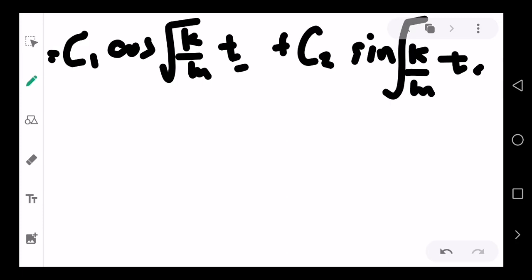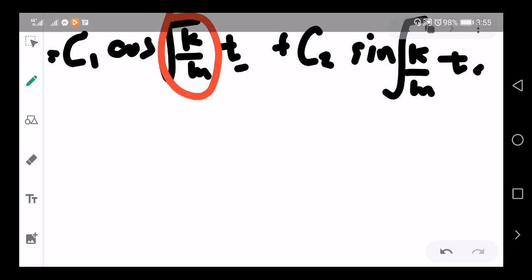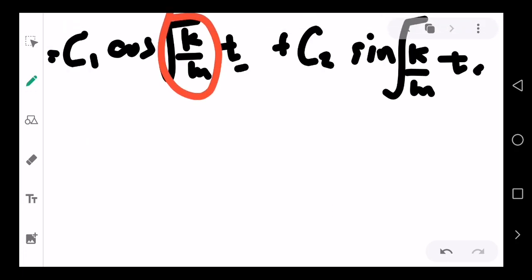So this variable here is the frequency of our equation.